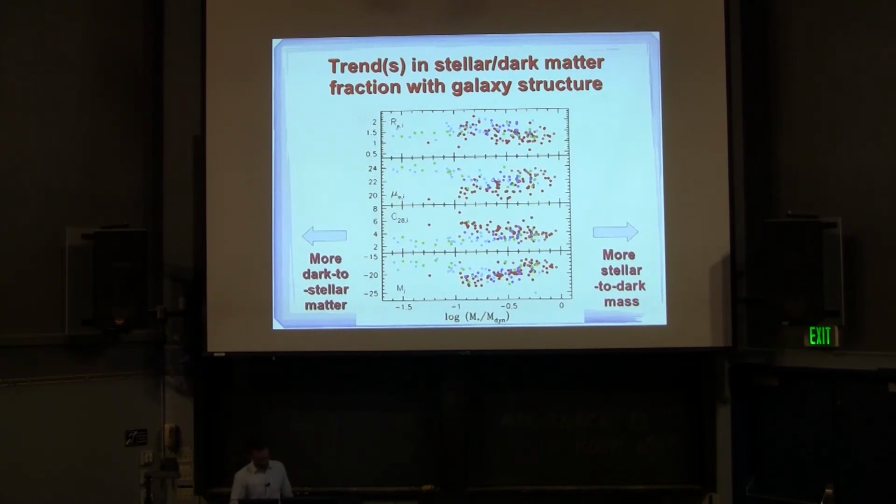And so what we're thinking there, a very preliminary, early interpretation of these trends, is that perhaps this might be telling us something about the combination of dark halo response and feedback during galaxy formation. For instance, high C28 galaxies, early type galaxies, you have a more concentrated stellar body or stellar component.